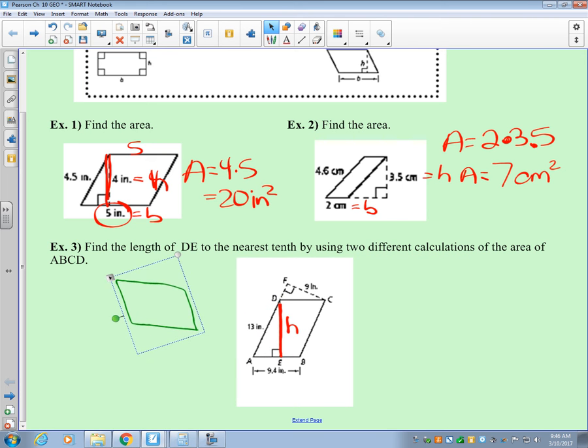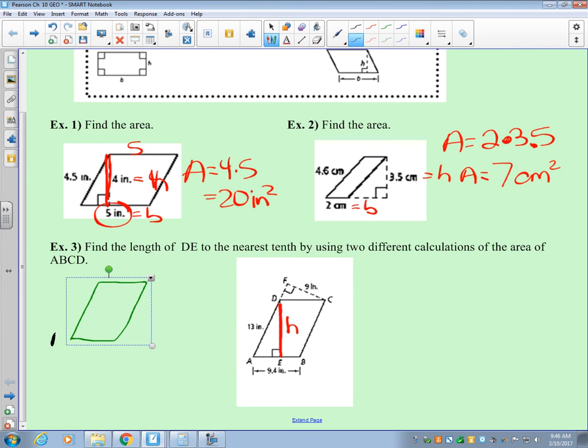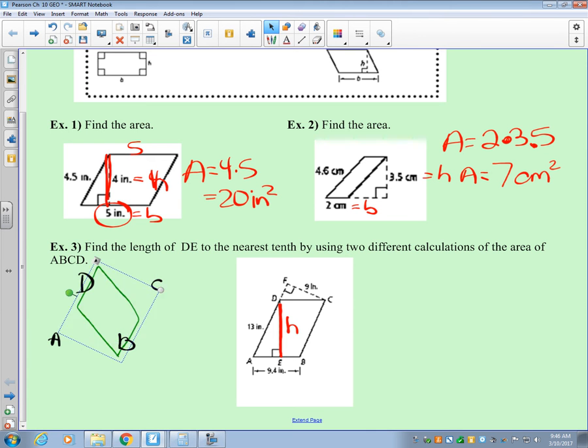So if we rewrite ABCD and reorient it, so it was like this, where we had A, B, C, and D, and we just rotated that so that all of our coordinates rotated around.